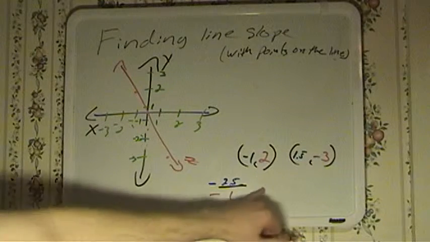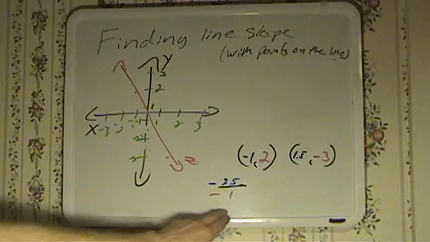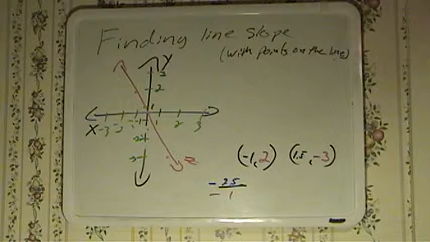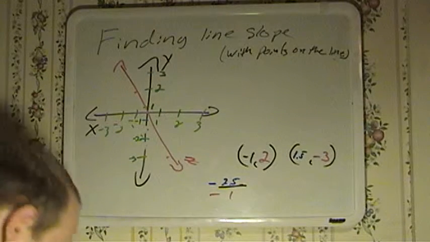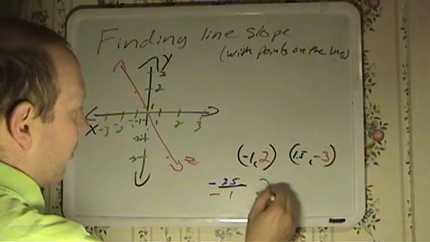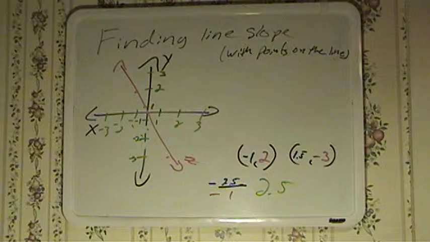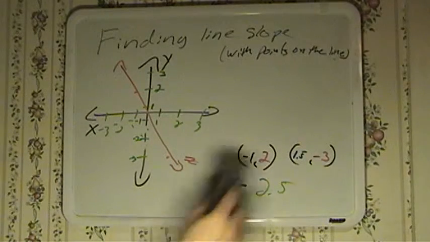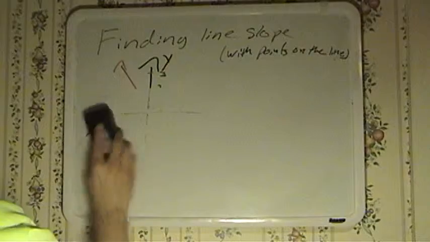So when you divide it out, you get the actual slope, although slope can be expressed like this. When you divide it out, you get 2.5. Or actually, should be negative 2.5 because this is a negative slope line. Like I said, I wish I had a graph where I could actually draw everything out to scale and make it come out looking nice.